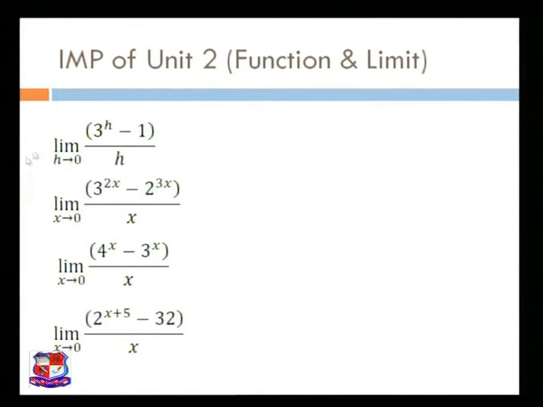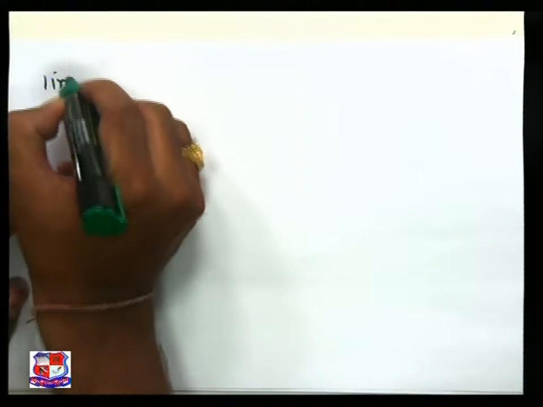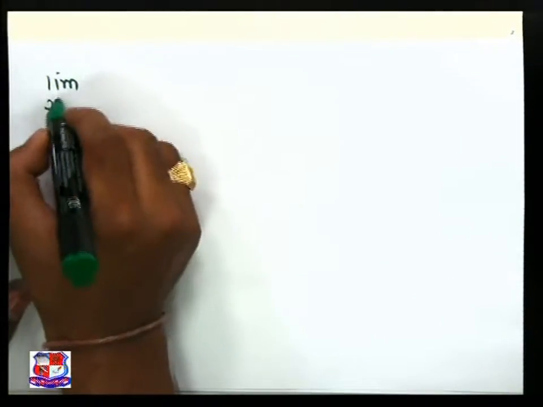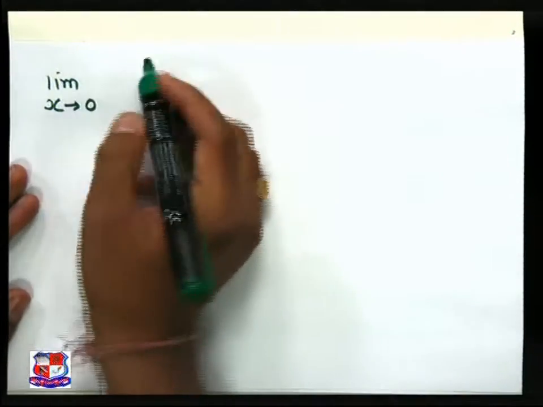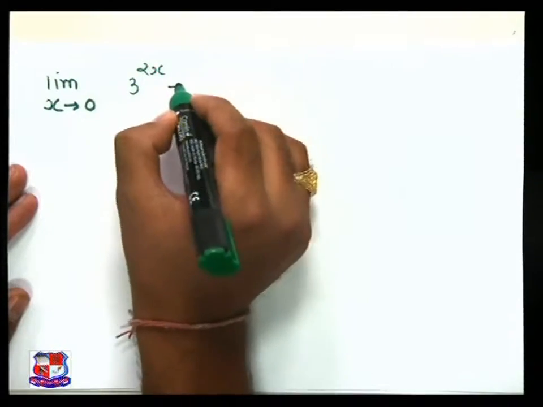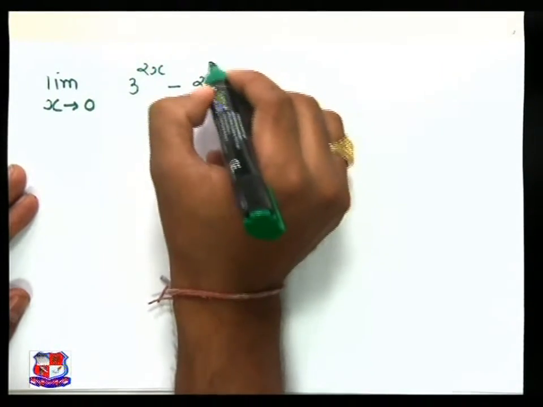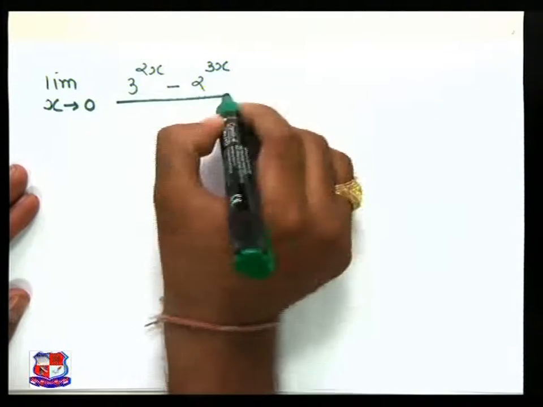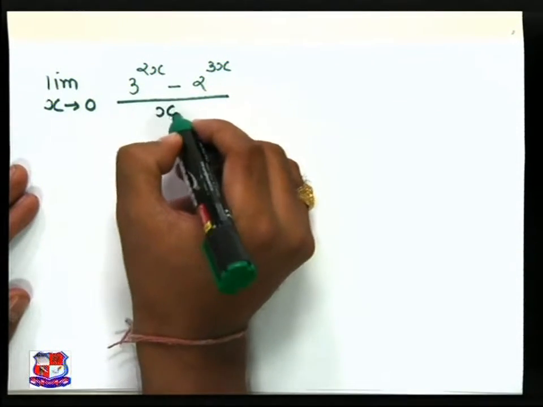Our next question is limit x tends to 0, 3 raised to 2x minus 2 raised to 3x, divided by x. So we write it first: limit x tends to 0, 3 raised to 2x minus 2 raised to 3x divided by x.